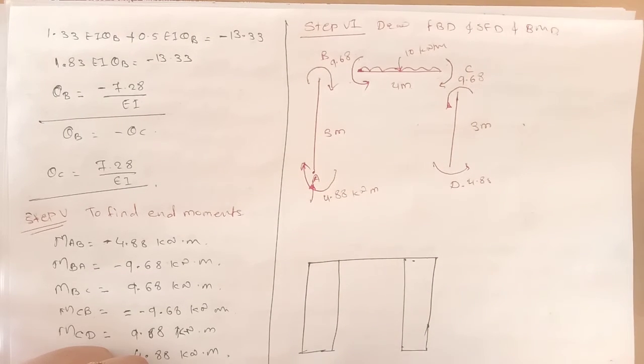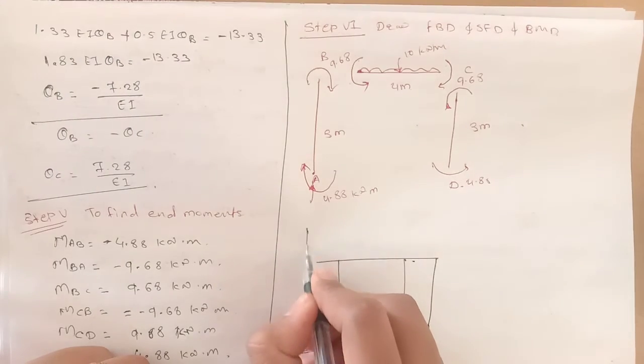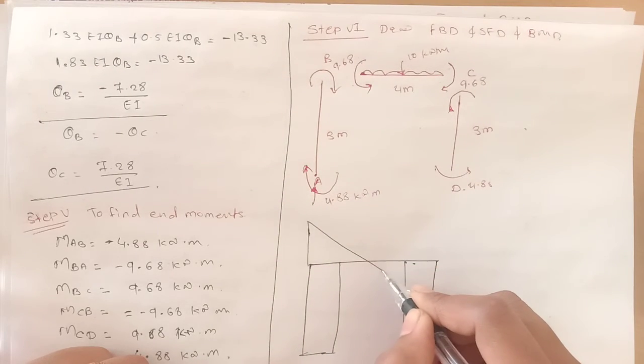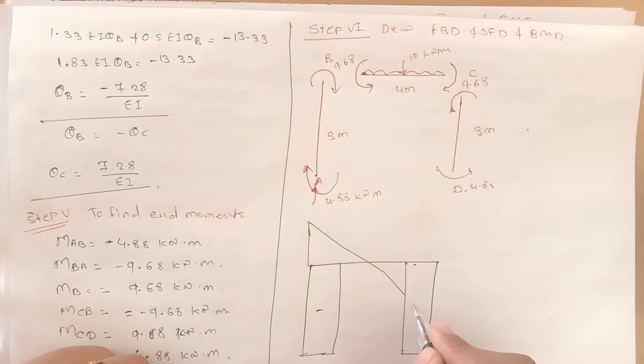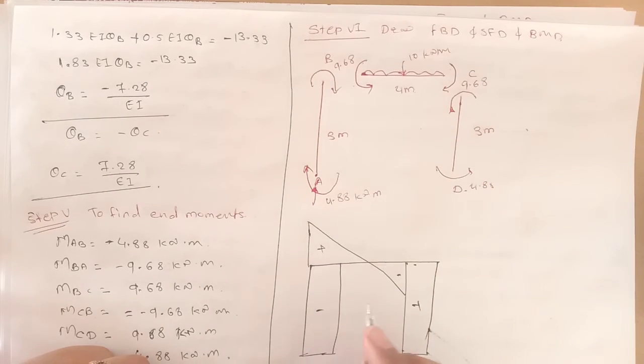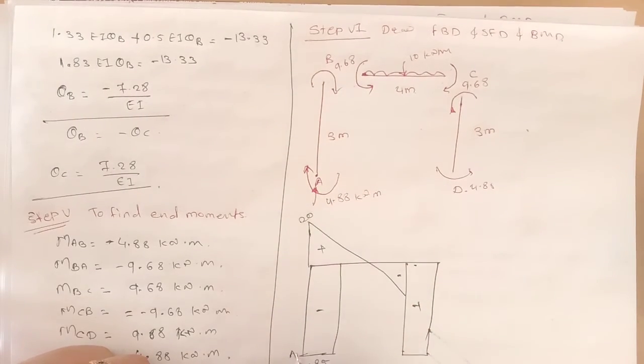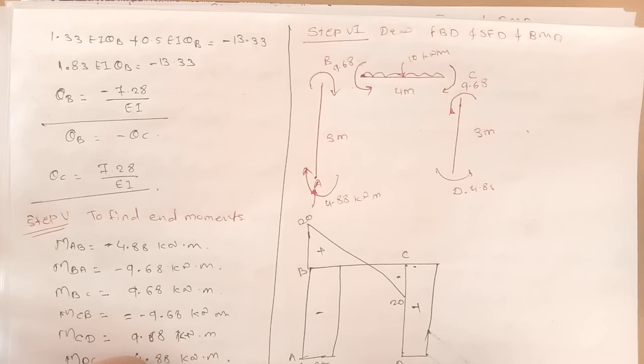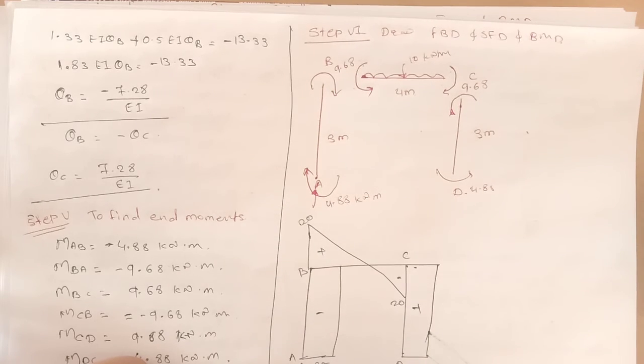For drawing the shear force diagram, you have to calculate shear forces at point A, point B, point C and point D. So RA is 4.85, then RB is 20, here also 20, and here 4.85. Okay, so this is our shear force diagram in kilonewton.